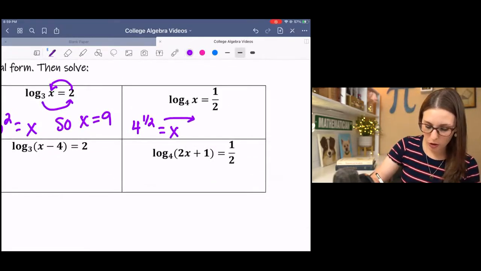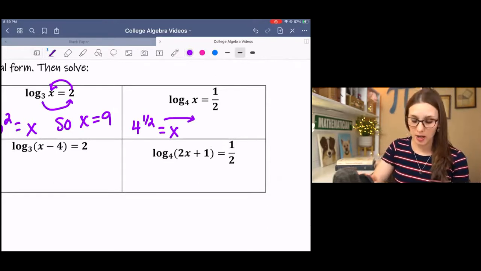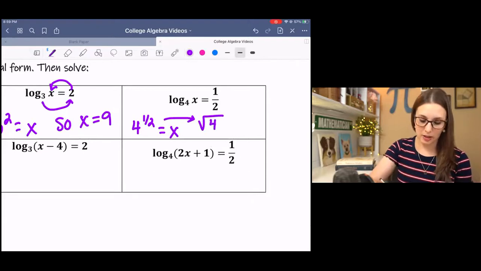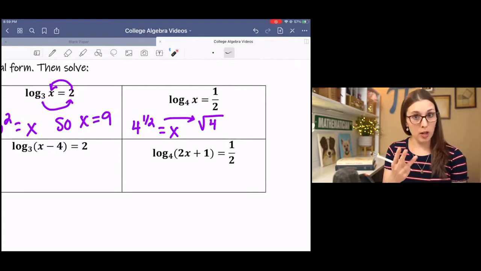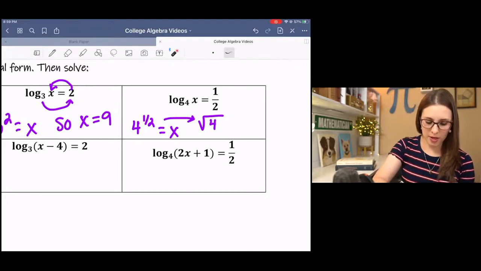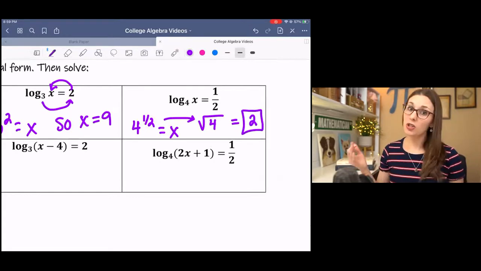But long story short, a fraction exponent means that it is a square root in this case. And it's a square root because there's a 2. If it was a 3, it would be a third root. If it was a 4, it would be a fourth root, and so on. So long story short, that's what that means, which means that x is 2. 4 to the 1/2 is 2.